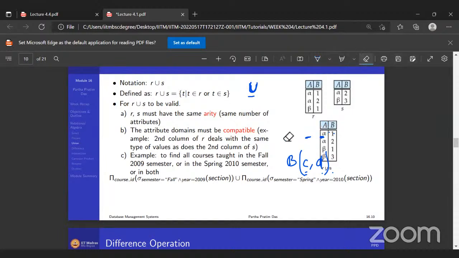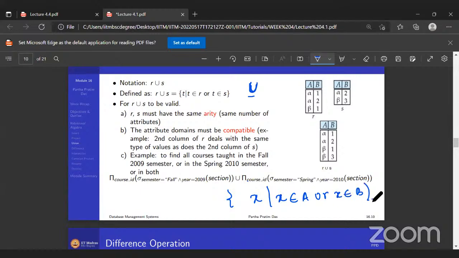Many of you know that in mathematics, if we write X union Y, such that X belongs to A, we read this out as: X such that X belongs to A or X belongs to B, right?